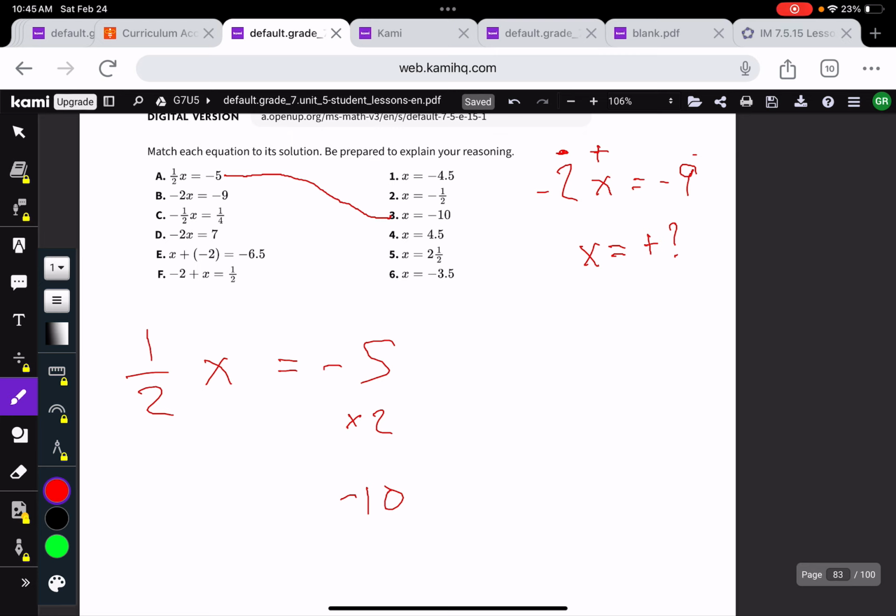So I can eliminate number 1, number 2, and number 6 as the answer. So it's got to be 5 or 4. And we think to ourselves, well, 2 times what is 9? If I double something, I get 9. So if I take 9 and I cut it in half, guess what? I'll get 4.5. So that must mean I got that one.